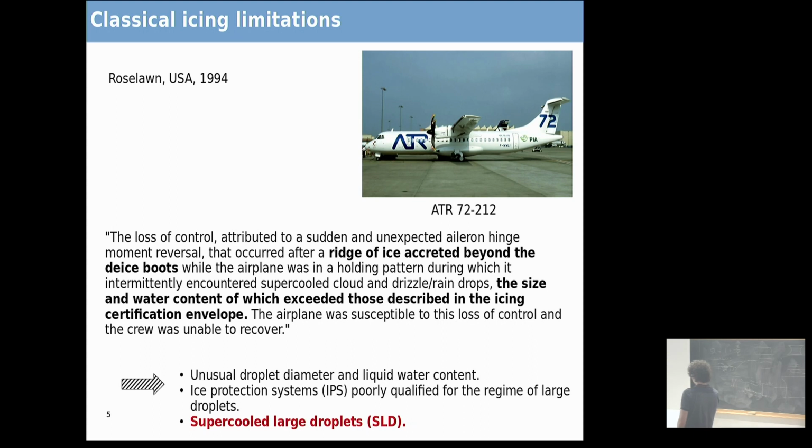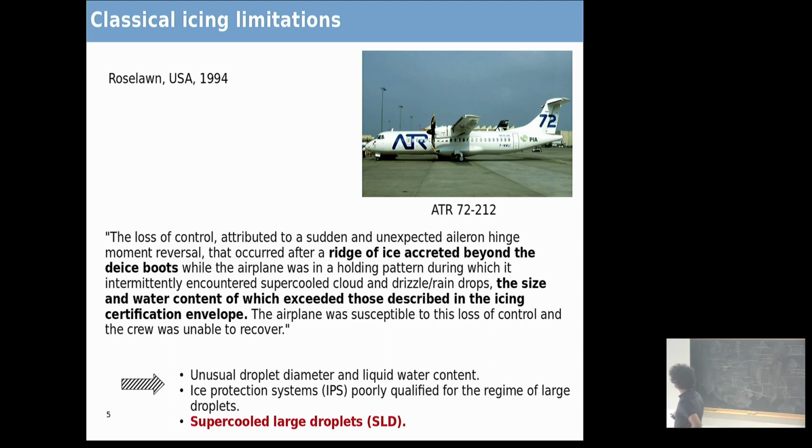So why? I would say for aeronautics, progress is made and funding is found when there are crashes. And that's what happened for two kinds of particles. For instance, for SLD, an accident in 1994 with an ATR 72 at Roselawn in the US.